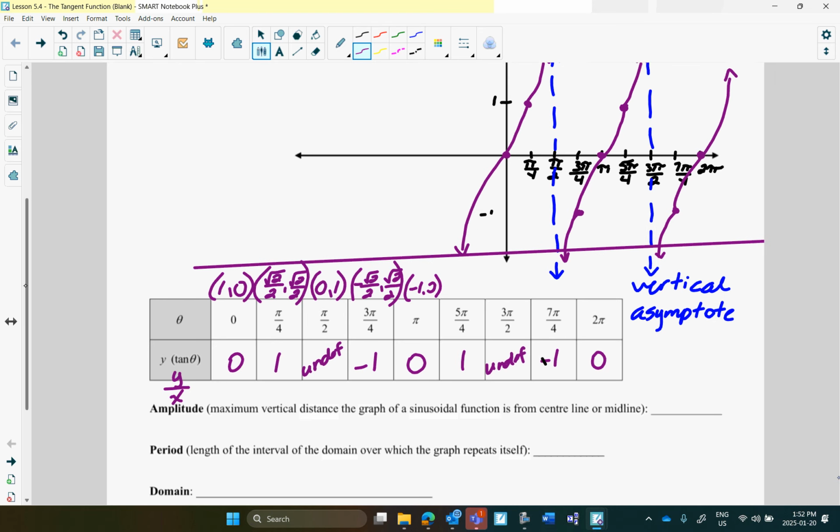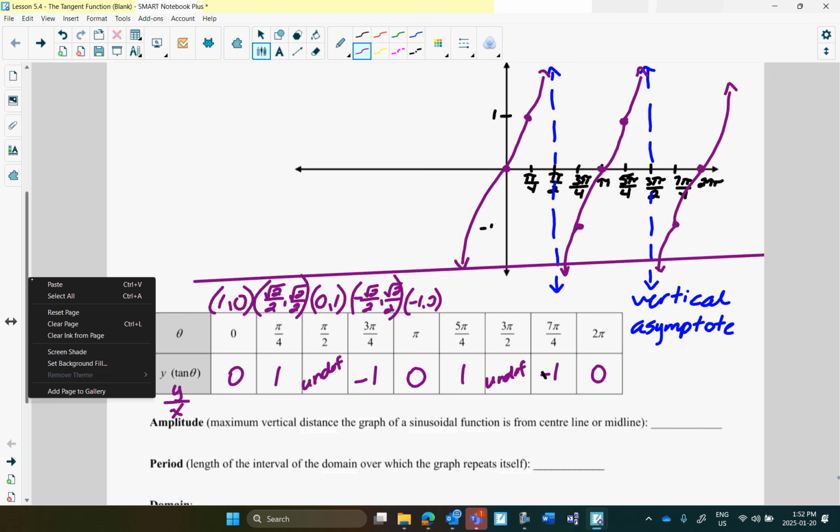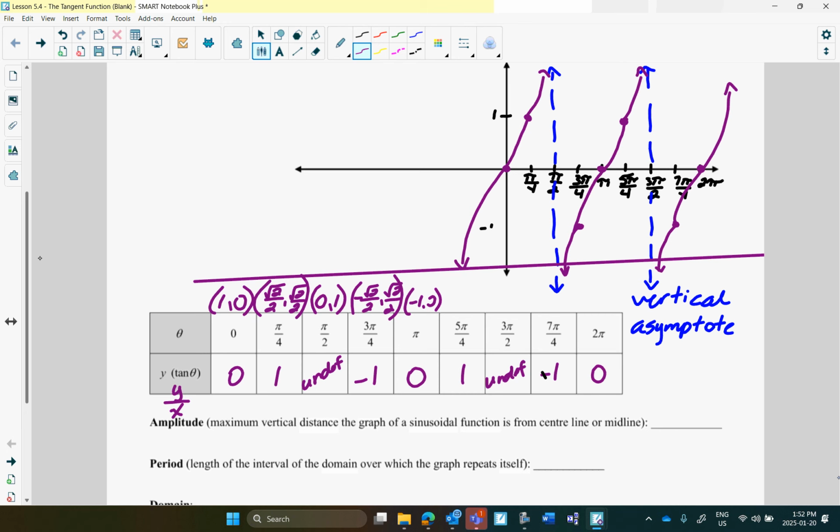And just to look at some of the properties. Well, what's the amplitude? Well, I guess we could say that this is the midline, right? This would split it in 2 equal pieces, a horizontal. So it goes from the midline to the maximum. It's the amplitude.